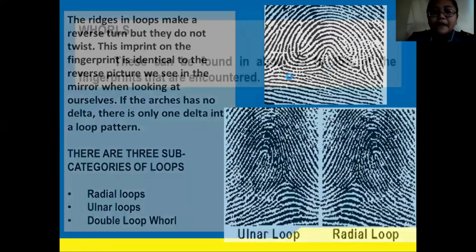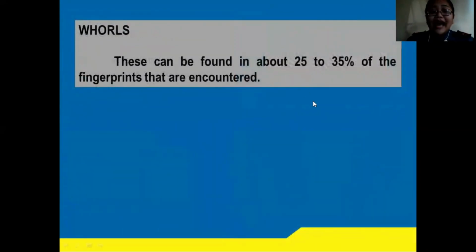Okay. So next pattern we have is the whirls. As you can see, this can be found in about 25 to 35% of the fingerprints that are encountered.